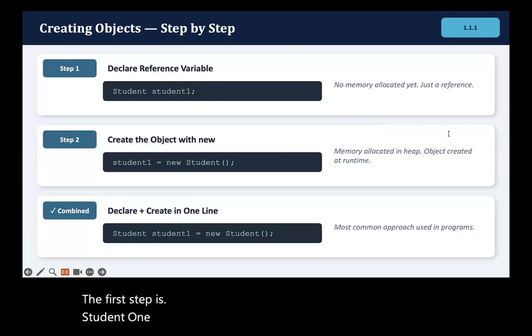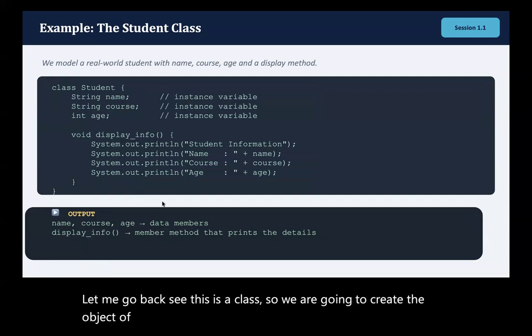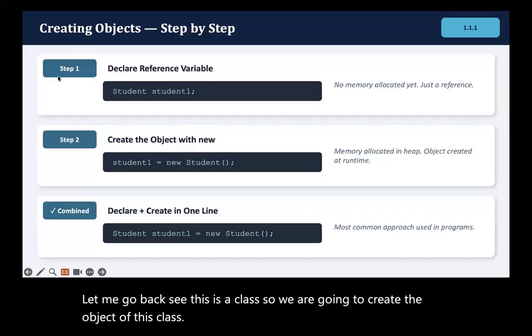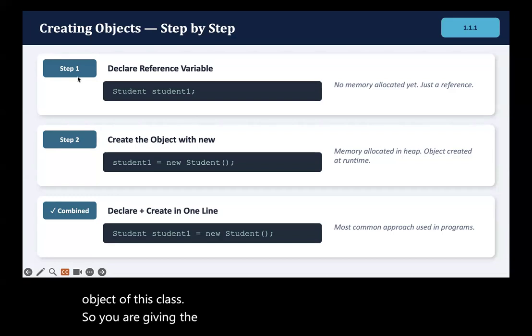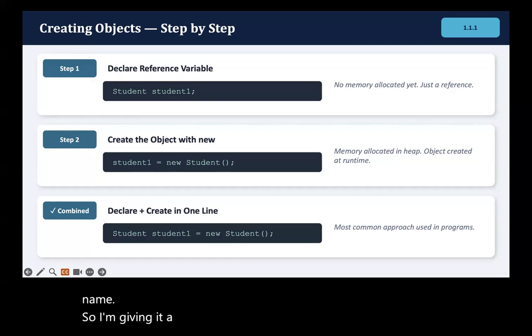Student is the class name. See, in the previous example, let me go back. This is a class, and we are going to create an object of this class. So you give the class name, that is Student, and the object name. I'm giving it as student1.